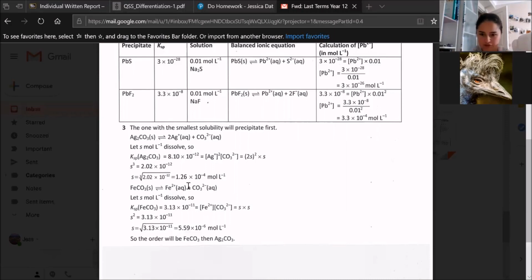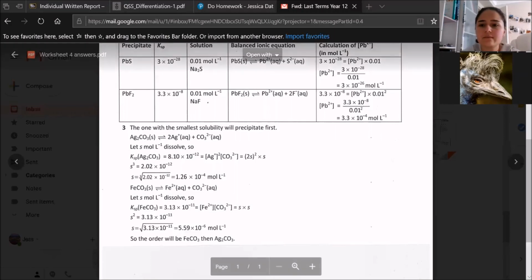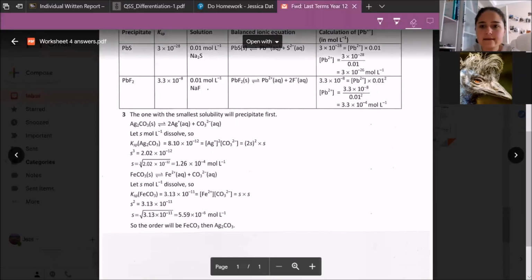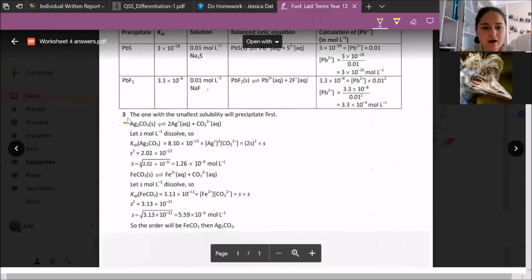Okay, so we've done 1, 2. Let's just do 3. So you've got the question. A sample of bore water from a mine contains equal amounts in mole of dissolved, not dissociated, silver carbonate, which is this one right here, and you've got iron carbonate as well, which is this one right here.